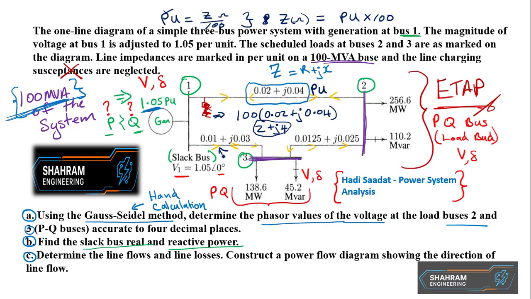Then this one will become 1 plus j 3, and this one will become 1.25 plus j 2.5.